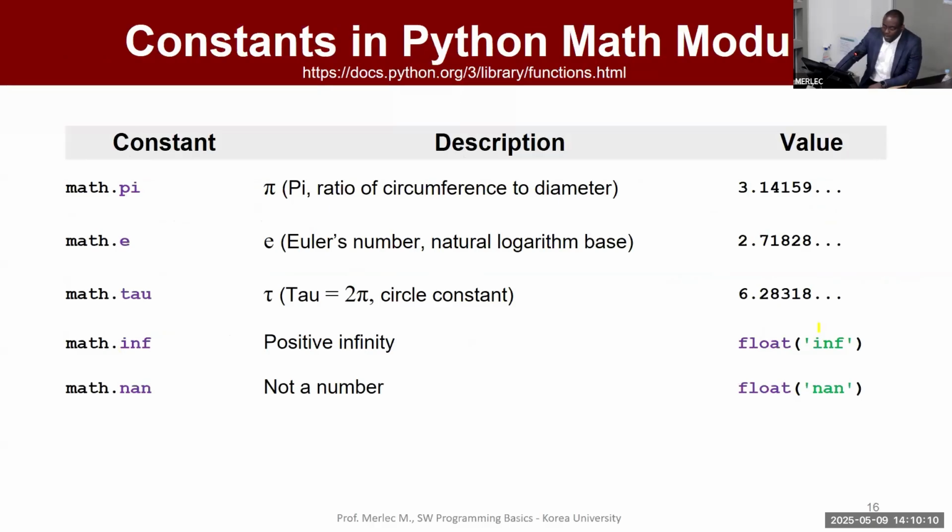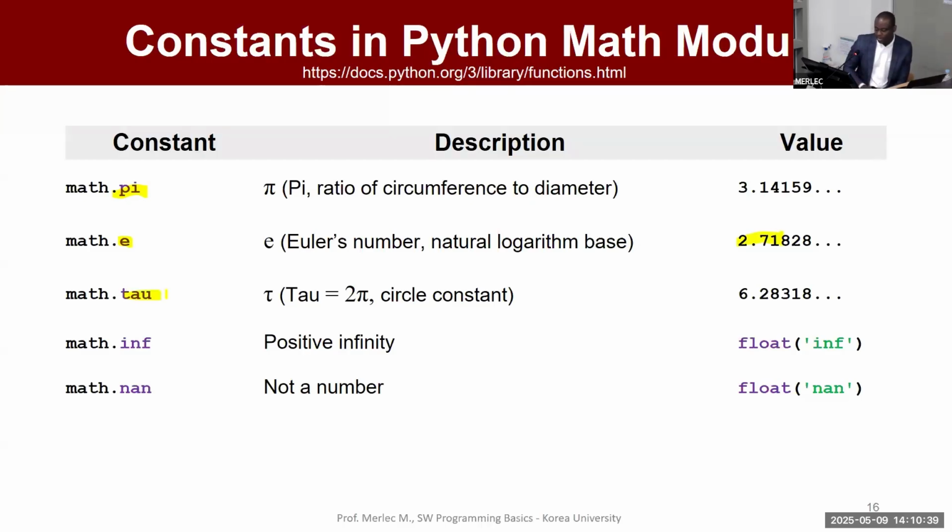Okay. Other details that are implemented in the math module are constants. Like we have seen, pi is the constant which is universally known. We have e, which is Euler's number, the natural logarithmic base, which is equal to 2.71.